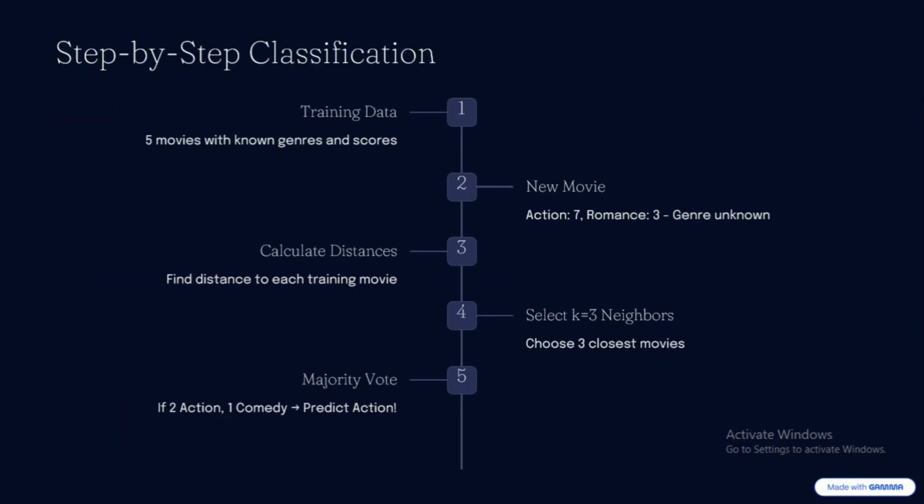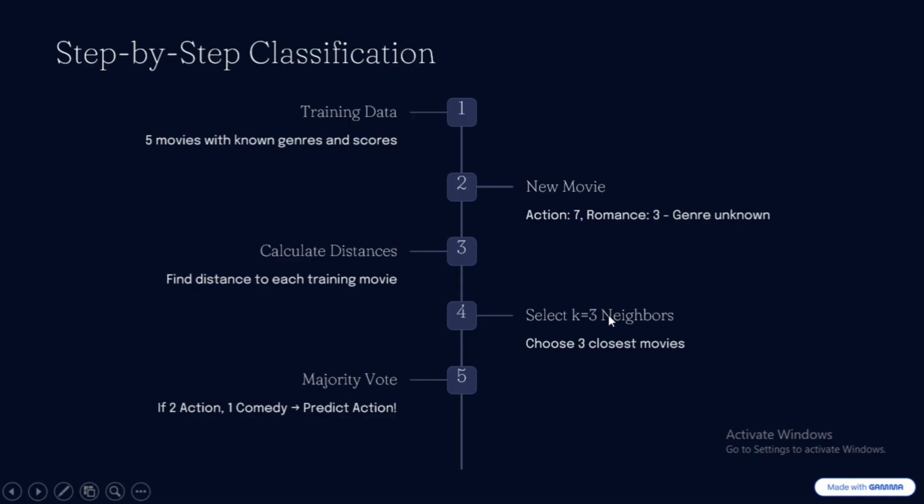Example in action. Now look carefully at this diagram. We have 5 training movies with known genres. One new movie with action equal to 7, romance equal to 3. Step by step, we calculate distance from the new movie to each existing movie. We list the distances. We select k equal to 3 nearest neighbors.